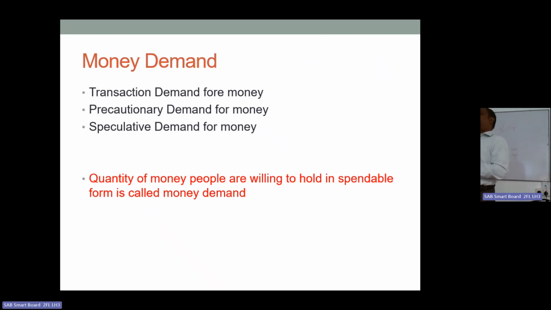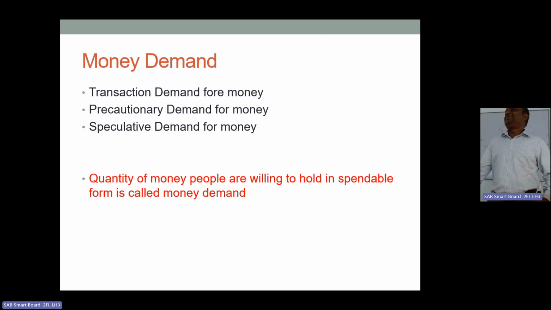Money demand under precaution also depends on income. When your income level increases, you go to a private hospital rather than the government hospital. If your income is low, you go to the government hospital.